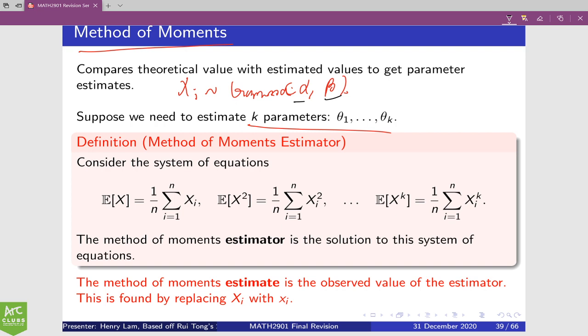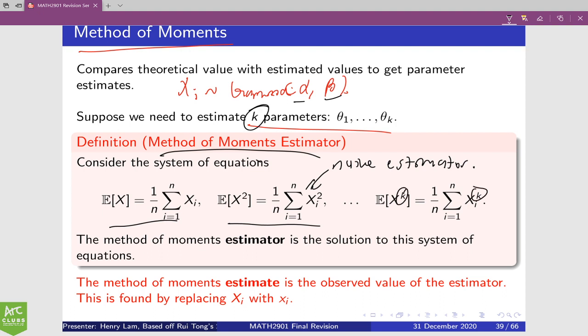And the way we do it with the method of moments is, as the name suggests, you look at the moments and compare them naively to some other version. So as you see here, naive estimator, you compare the true value to a naive estimator, and you do it for k equations, so k parameters, because you want to solve k simultaneous equations to get k unique values.